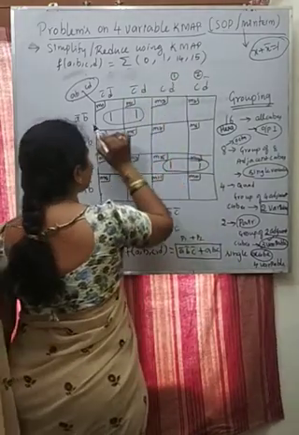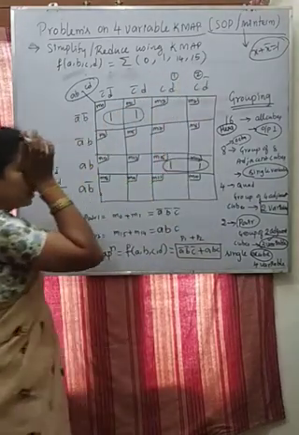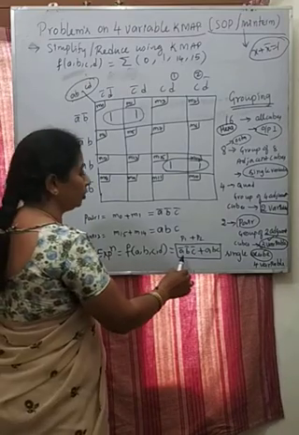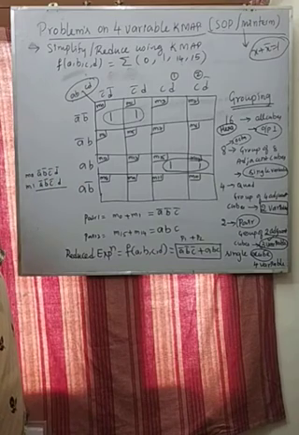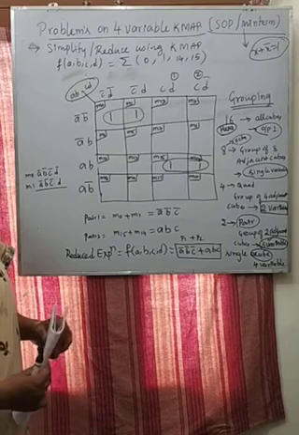Each term has 4 variables, 4, 4, 4, 4. How many? 16 variables with 4 terms get reduced into 2 terms with 6 variables, 3 in each. Okay, so we got the reduced expression.